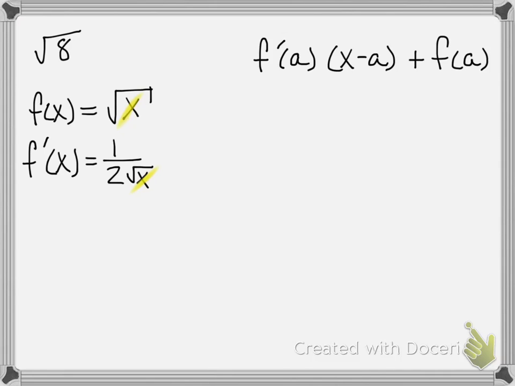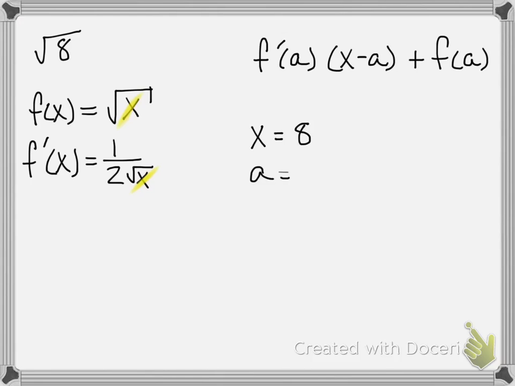Well, for using differentials, you need to identify what we're looking for. So for our x, which is generally something that's hard that we're trying to find, we just use what's in the original equation. And for a, we pick something that's easy in regard to the function, and that is also close to our x.